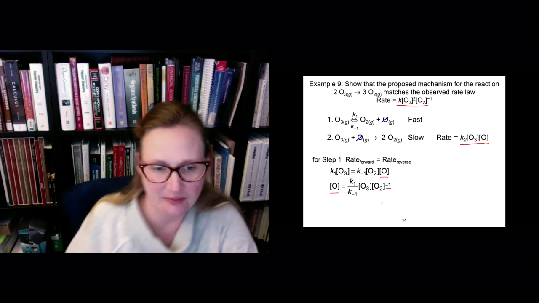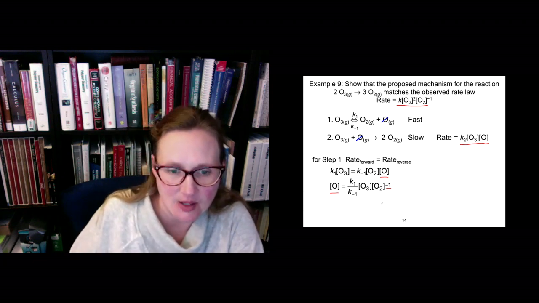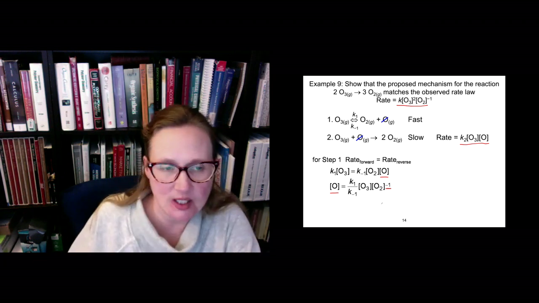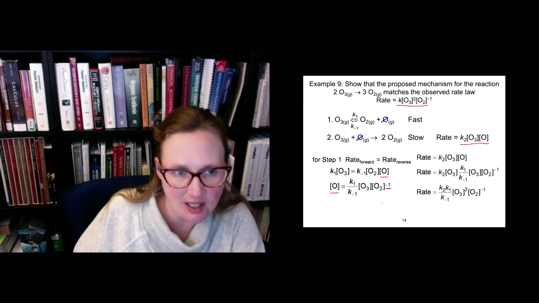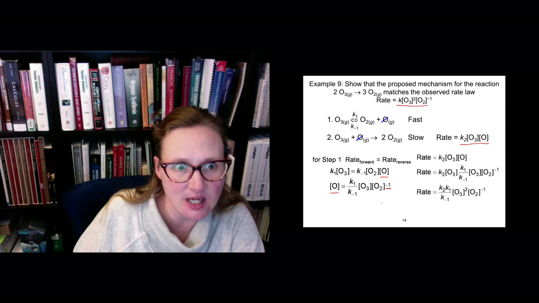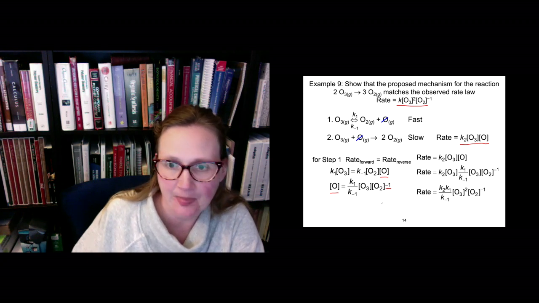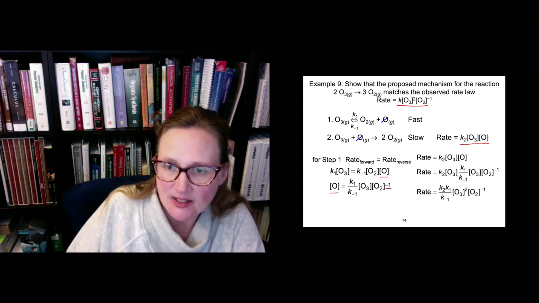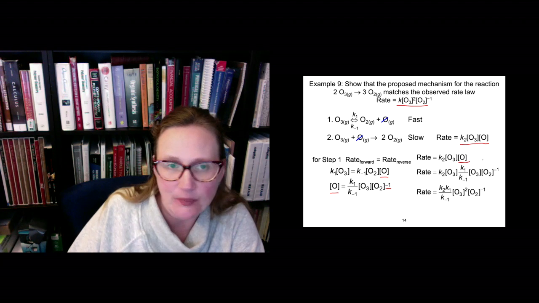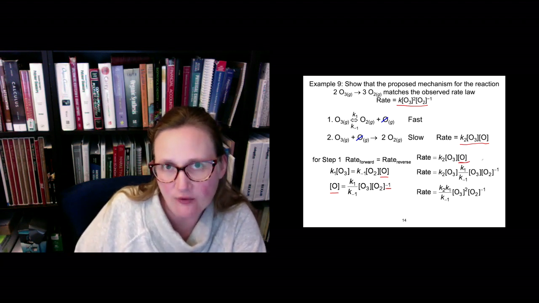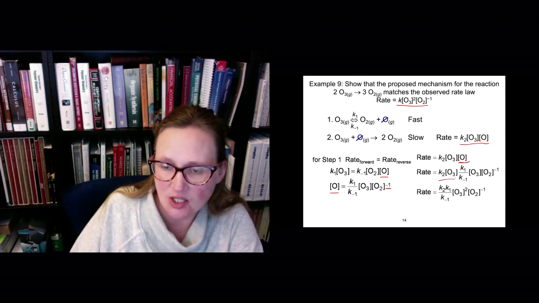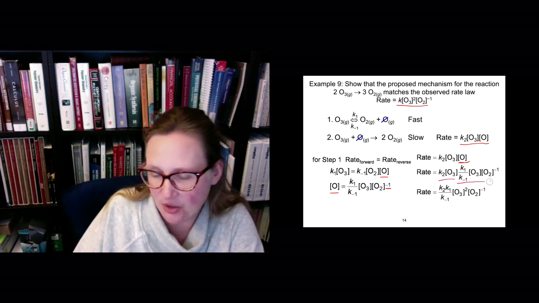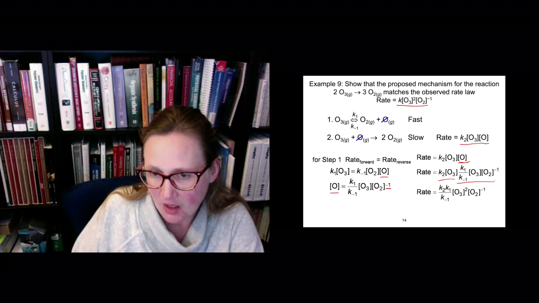A minus 1. All right, so now we can substitute in for the second elementary step, which is the rate determining step. The rate determining step again has that intermediate in it, so we have to substitute in what we solved for that intermediate. So when we do that, we have K2 times O3, and then we have this value that we solved for.